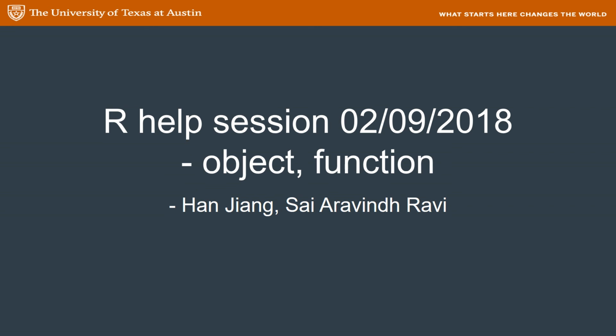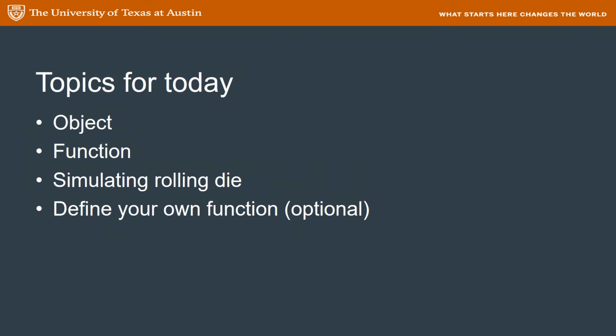So today I'm gonna do our help session, and my topic will be about object and function. So the topic for today is first I'm gonna talk about the basics of R, the object. Then I'm gonna talk about the function, which includes the built-in function, and we're gonna design our own function by simulating rolling the die.